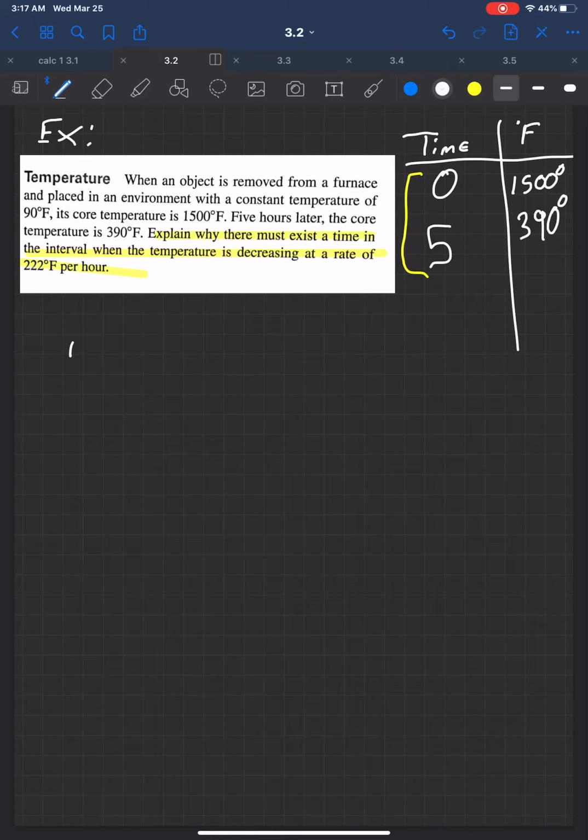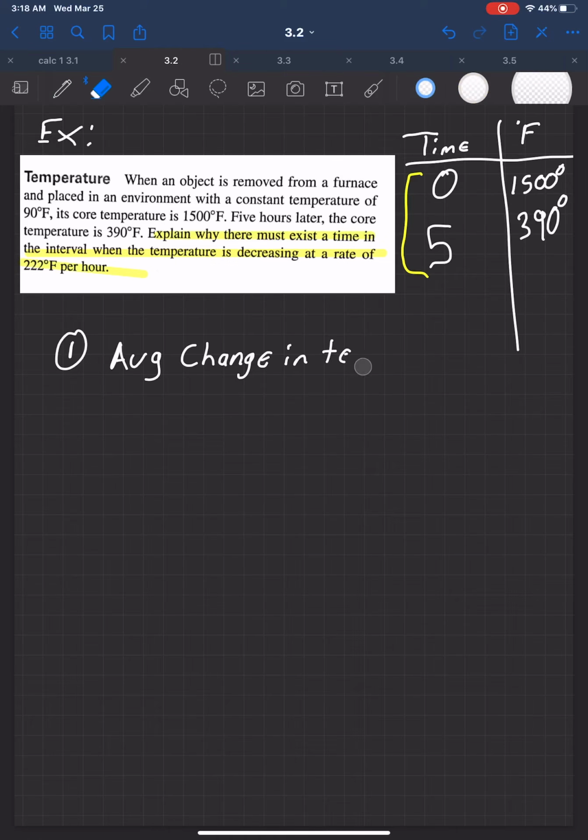So your steps are always the same here. We're going to find the average change. In this case, it's the average change in temperature per hour.